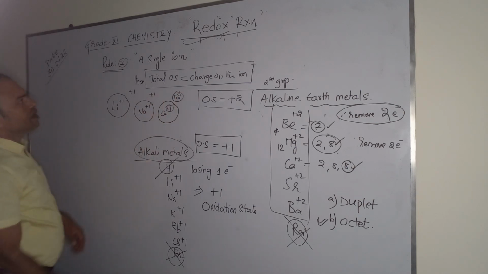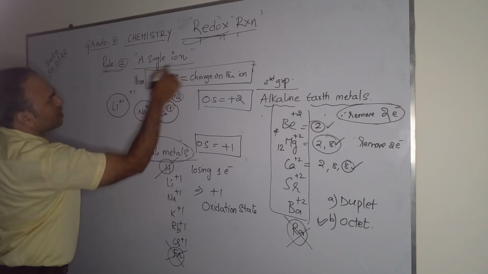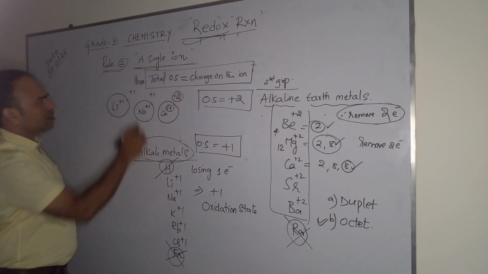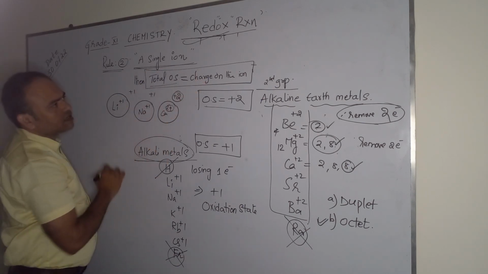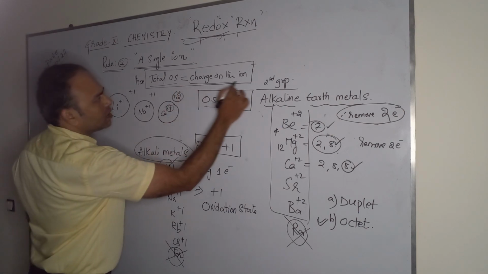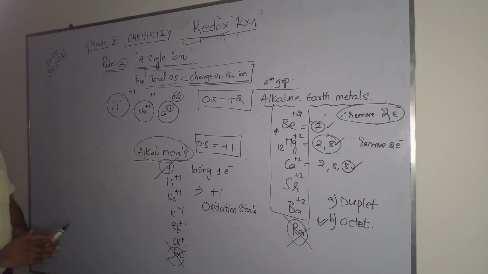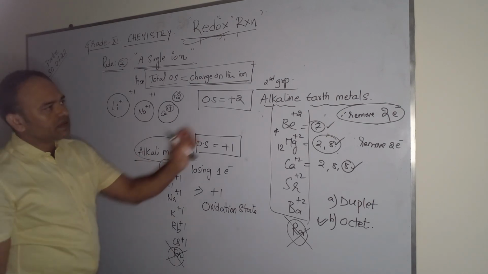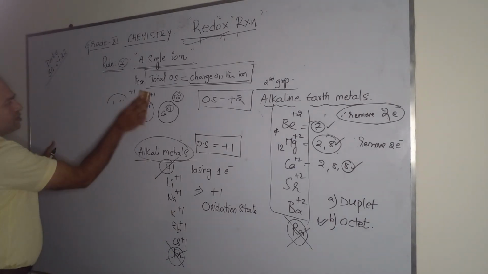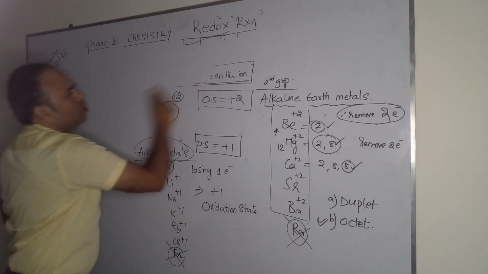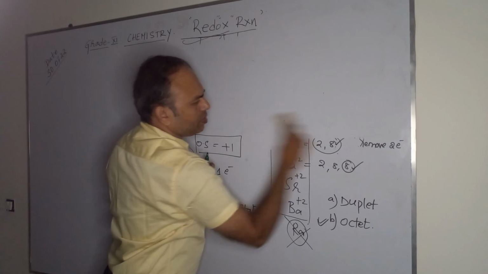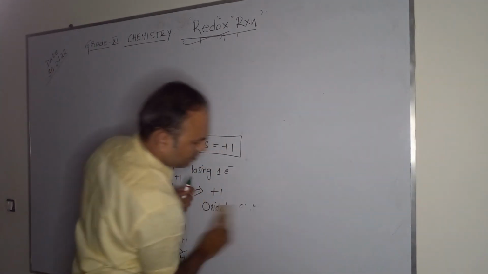So the rule says, if you have a single ion, then the total oxidation state is equal to the same charge which is present on that single ion. Hope you have understood this. Please keep in mind alkali metals and alkaline earth metals. Now, rule number 3, it is for oxygen.